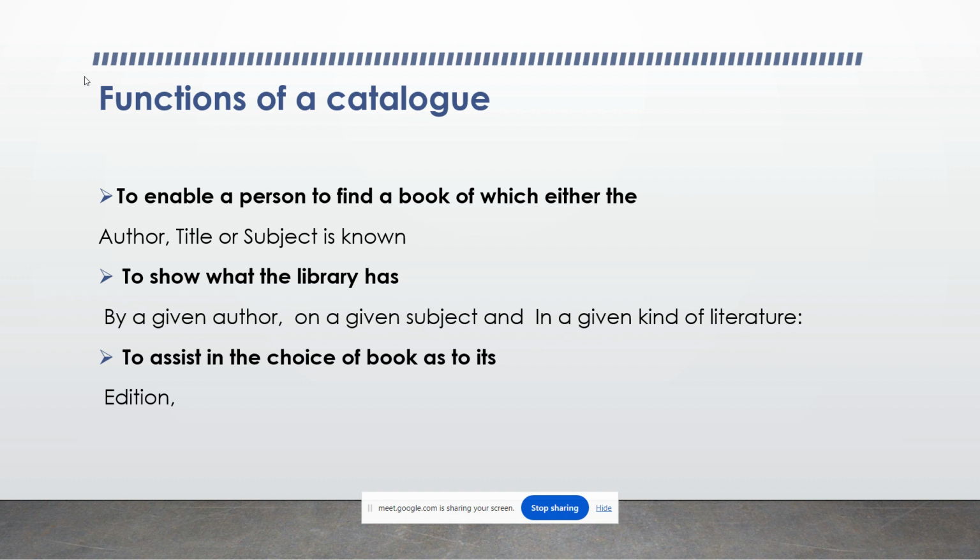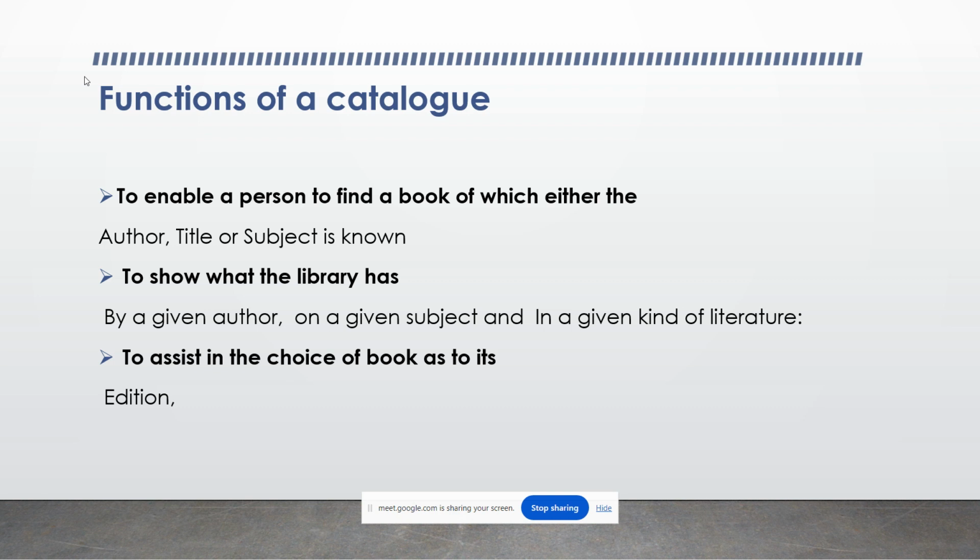One is to enable a person to find a book of which either the title, the author, or the subject is known. So if you know the author of a publication, you can find a resource within the catalogue as long as it's there. If you know the title or the subject.